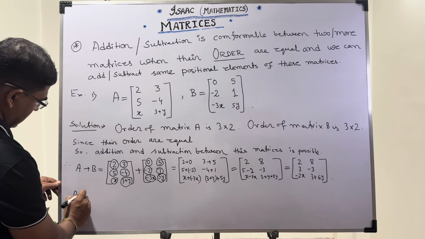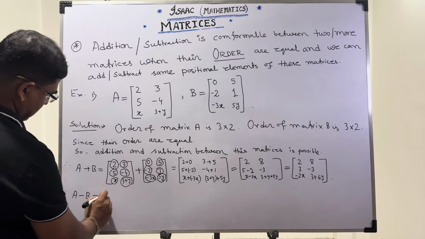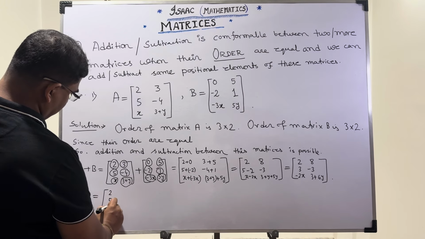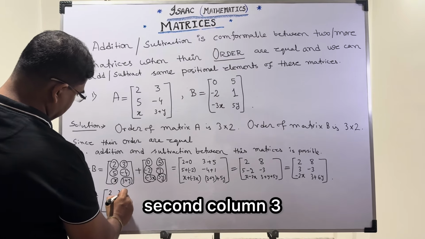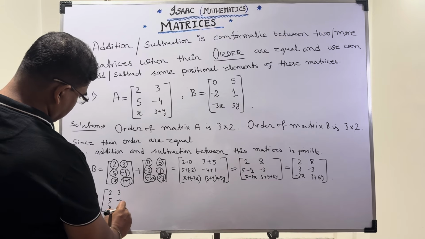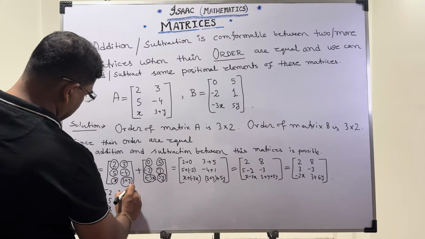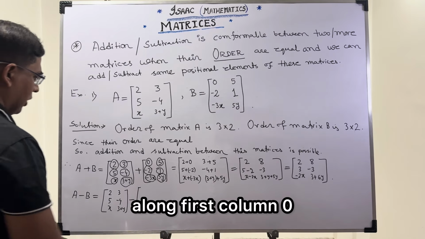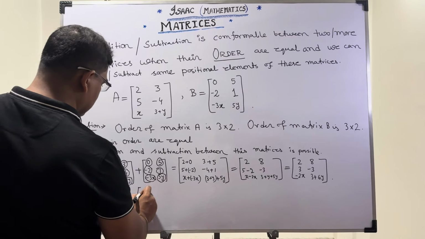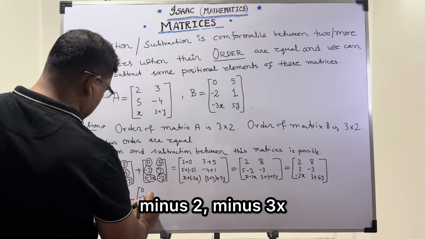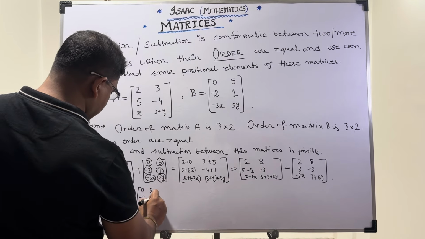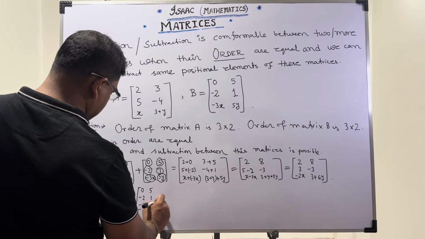Now A minus B. Along the first column 2, 5, x, second column 3, minus 4, 3 plus y, minus matrix B, along the first column 0, minus 2, minus 3x, 5, 1, 5y.